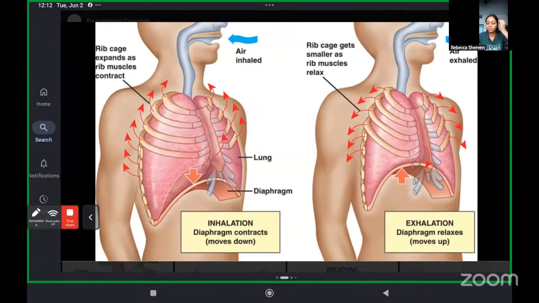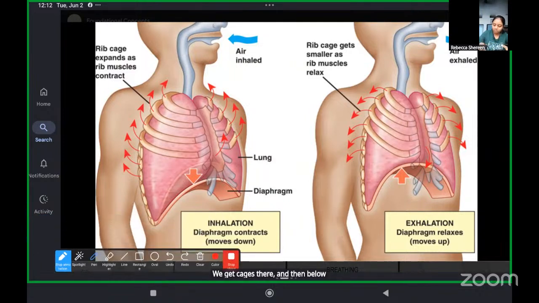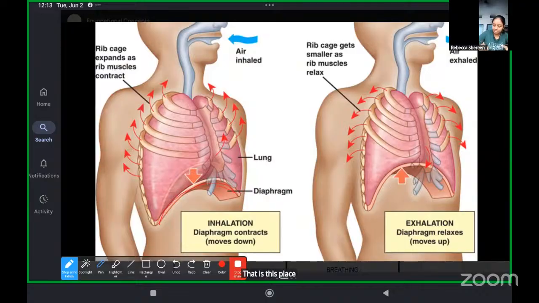Check this out. This is the lungs. The rib cage is there, and below that is this organ. This is the diaphragm.